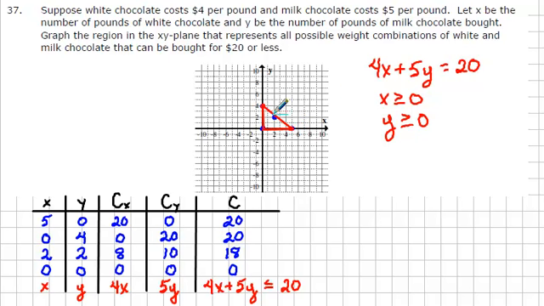And we want all the combinations where the cost will be $20 or less. Well, that will be all the points that are inside of the triangular region that we just drew. So we'll go ahead and shade in that region. Okay, it's all the points inside of that triangular region, and that represents all the possible weight combinations.